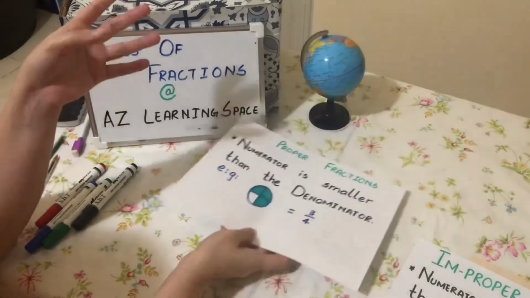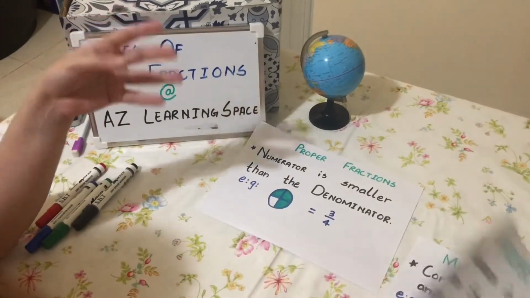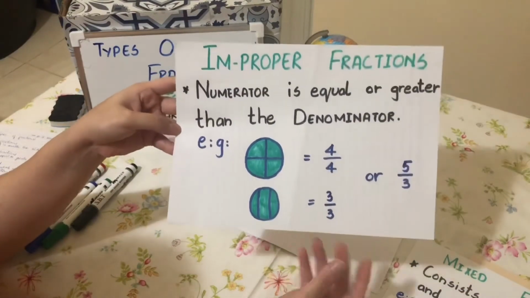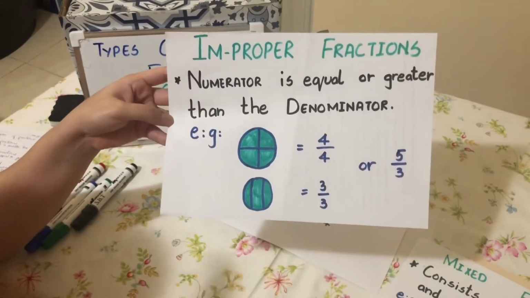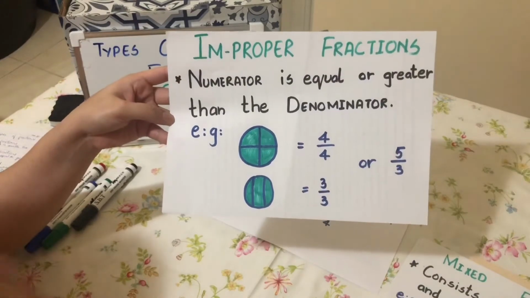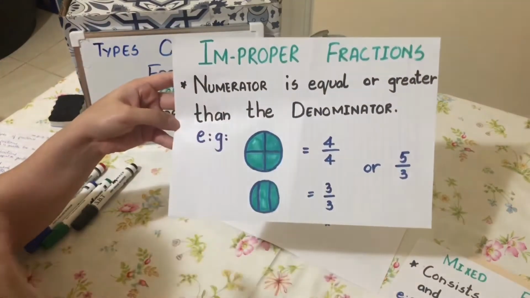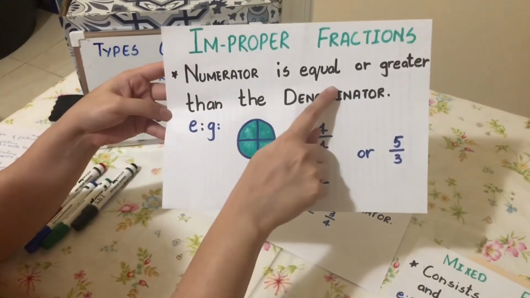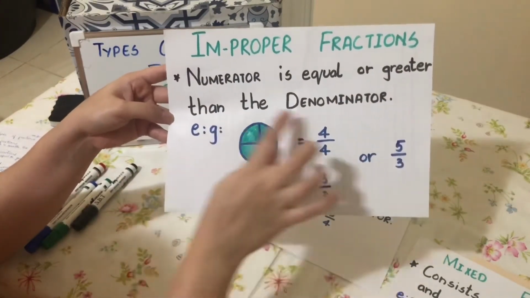Next we have the improper fractions. Obviously proper is one word and improper is the opposite. It means the opposite, it's very easy to understand. The numerator is equal to or greater than the denominator.